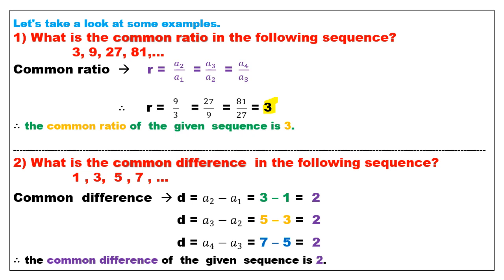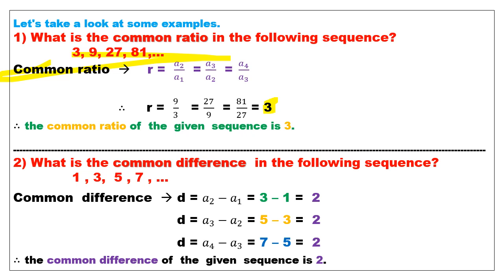Now a4 value is 81 and a3 value is 27 in the given sequence. Therefore 81 divided by 27 equals 3. Therefore the common ratio of the given sequence is 3.